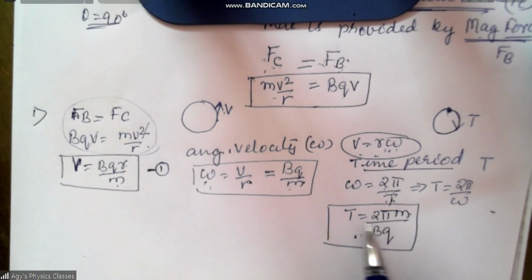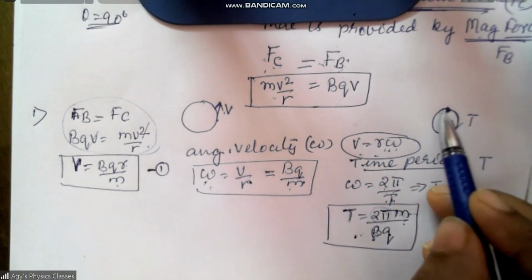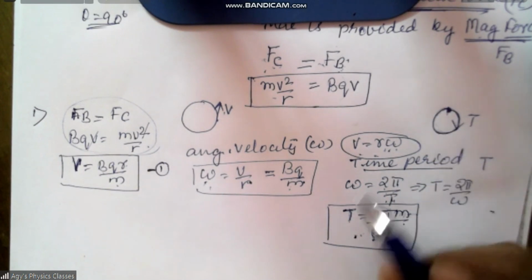Why? Time period is equal to 2 pi m by Bq. This is a constant. Mass of the particle is constant. Magnetic field which you have applied is constant. Charge of the particle is also constant. Okay, what does that mean? That means time period is constant.